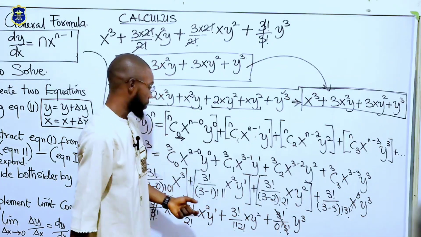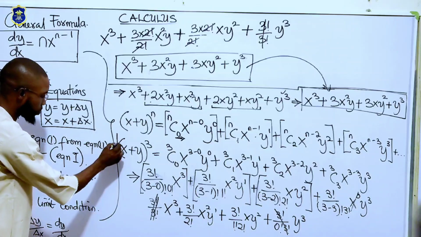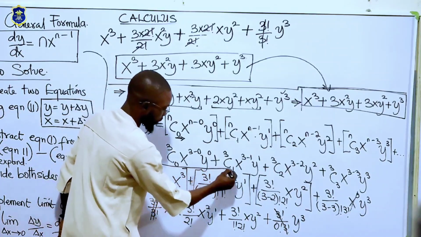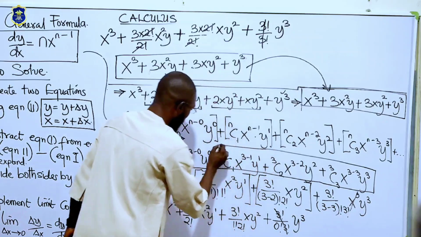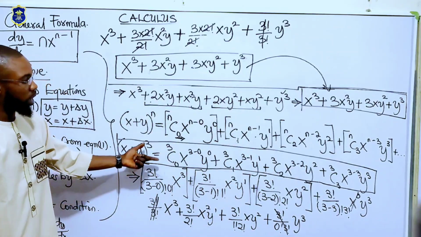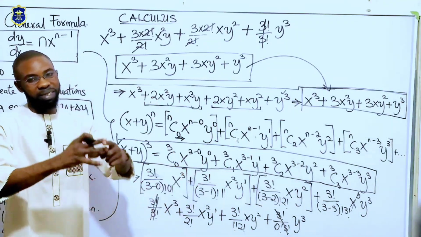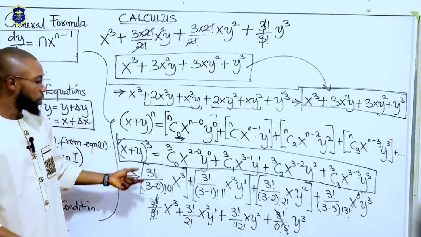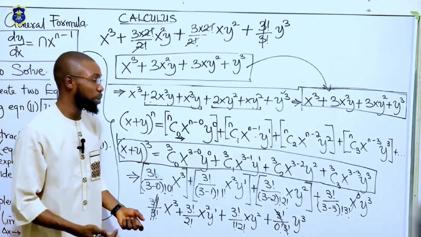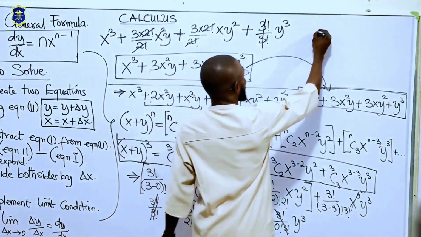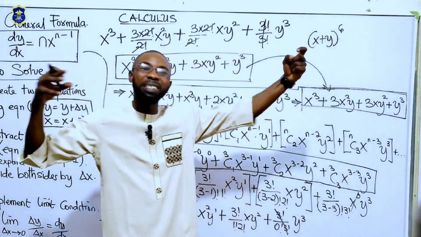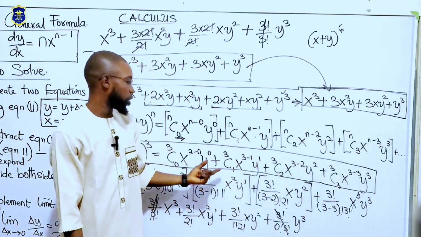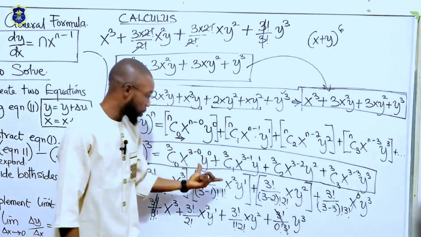It therefore means that if we follow this simple formula, carefully, we are going to arrive at the same answer as expanding it. The reason for this is because if we have a larger number, like, let's assume we have x plus y raised to power 6, we don't want to be expanding it and then trying to solve, rather than using this formula. Right, so now we understand how this works.